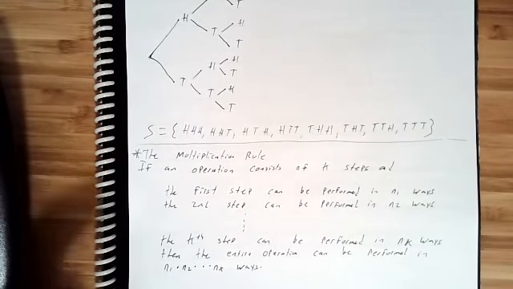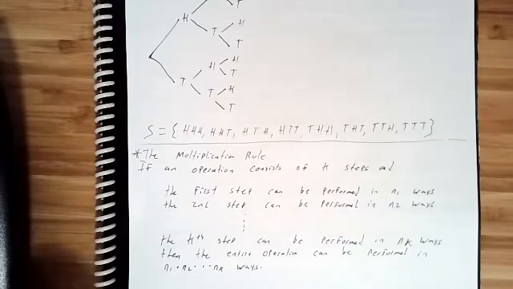Just like the first example, if the first flip has 2 ways, the second flip has 2 ways, and the third flip has 2 ways, then the total number of ways you can flip 3 coins is the multiplication. So all you have to do is multiply, and you'll find the total number of ways.